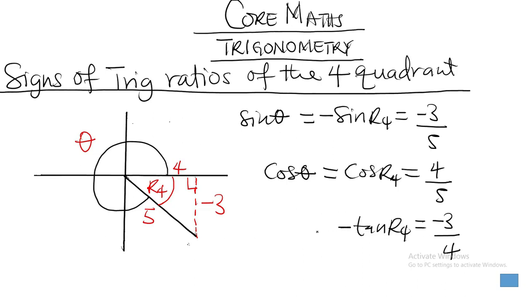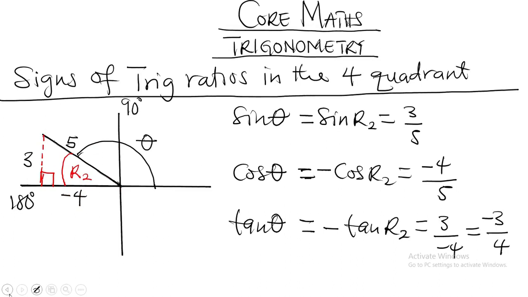So we have negative tan R4, and this is the same as tan theta. Okay, so in the fourth quadrant, tan of that angle is the same as the negative tan of its reference angle. So students, this is all about the signs of the trig ratios of the 4 quadrants.